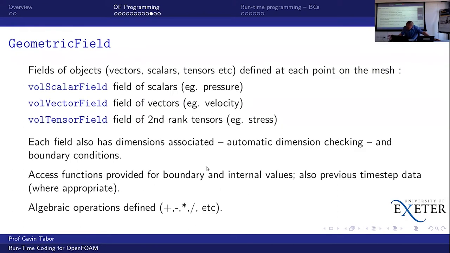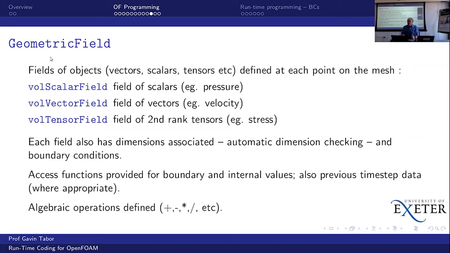Now, another class which you have probably all interacted with, because it's the basics of any CFD code, are things like vol scalar field and vol vector field and so forth. And these are based on a template class called geometric field, which is, well, the technical term is instantiated. We create it on the different basic types, scalars, vectors, tensors, and so forth.